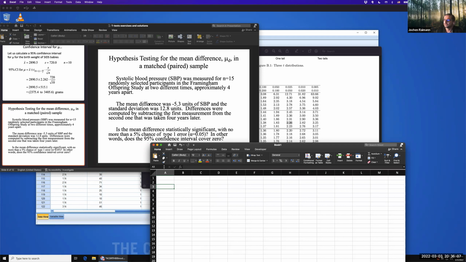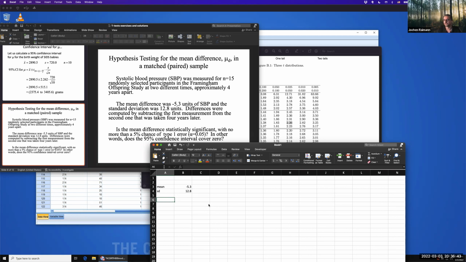We have a mean difference of minus 5.3, so they had a decrease in the blood pressure. The standard deviation of this difference was 12.8 millimeter Hg. So SD is 12.8.